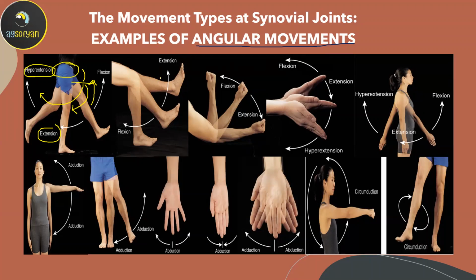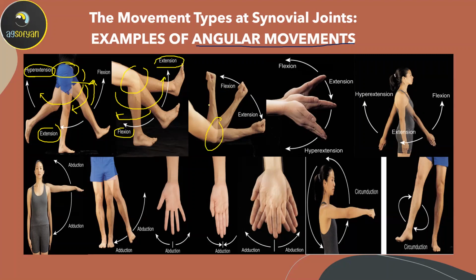Another angular movement is in the knee joint. When we move the knee to decrease the angle, it is flexion. We can also extend our knee, extension, which increases the angle, let's say from 90 to 180. The elbow is the same thing, with only two types of movement.